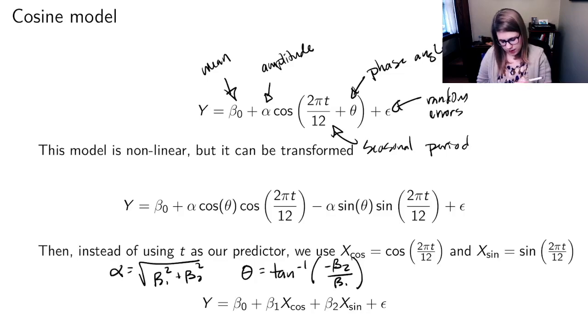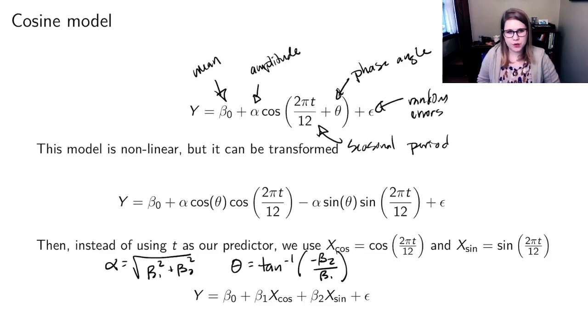And then we can think about this linear model like this, where we've got beta 0, beta 1 times x cosine plus beta 2 times x sine. So the cosine model is going to be useful for data that has some periodicity to it, that it has some repeated pattern over time.